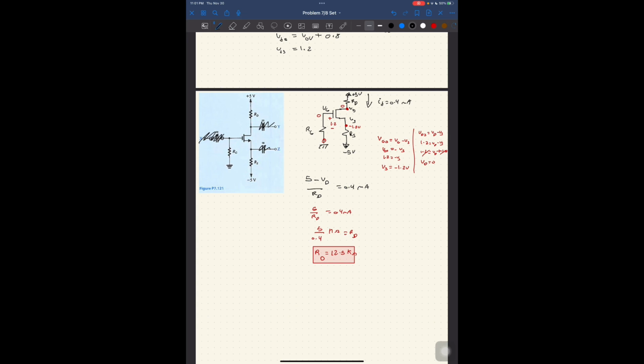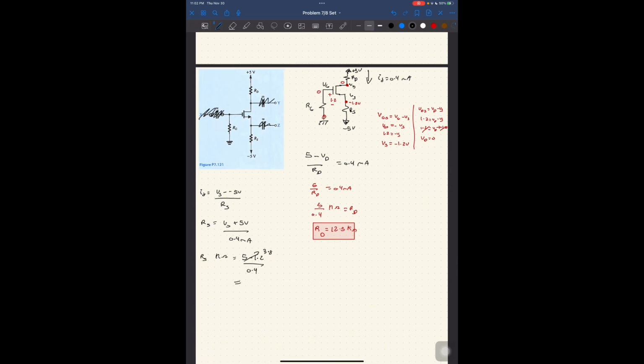Well, again, the same current, ID, is equal to (VS minus 5 volts) over RS, such that RS is equal to (VS plus 5 volts) divided by ID, which is 0.4 milliamps, which means that RS in kiloohms is equal to (5 minus 1.2) divided by 0.4. 5 minus 1.2 is 3.8, and 3.8 divided by 0.4 should be about 9.5, yes, 9.5 kiloohms.